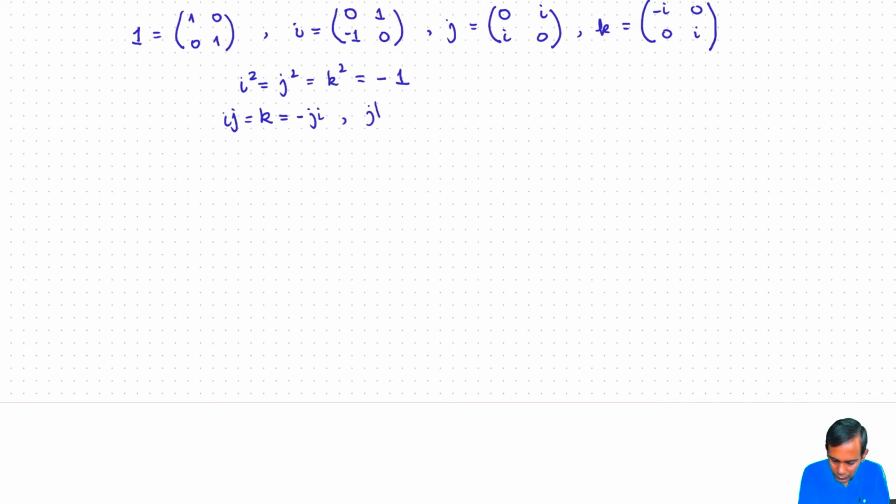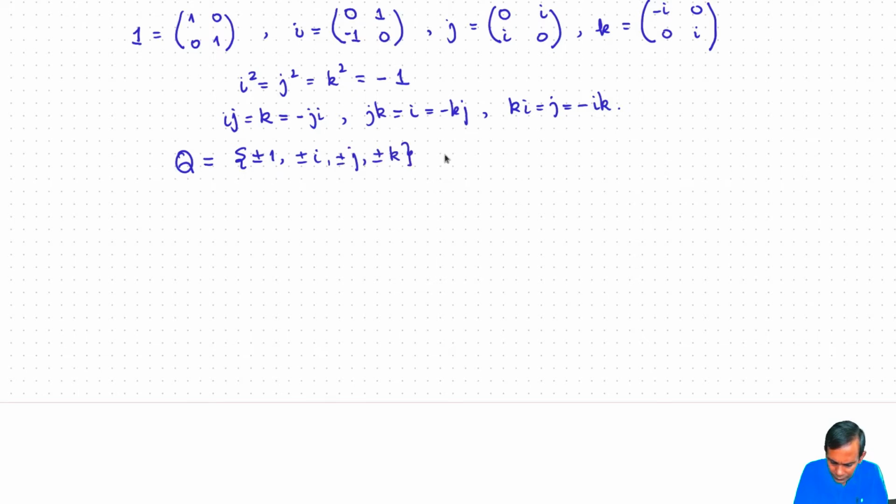Then jk is i, which is minus kj, and ki is j, which is minus ik. So these were the rules for multiplying quaternions, and we had this group called the quaternion group, consisting of 8 elements: 1, i, j, k and the negatives.